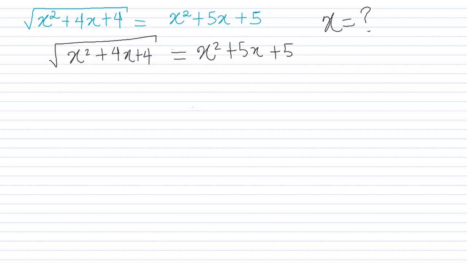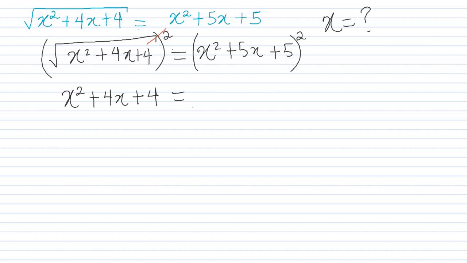The first thing many students do is to square the square root. Because we're squaring the square root, whatever we do on the left-hand side, we have to do to the right-hand side. Squaring a square root cancels both the square and the square root, so you end up with just what was enclosed in the square root, x squared plus 4x plus 4.